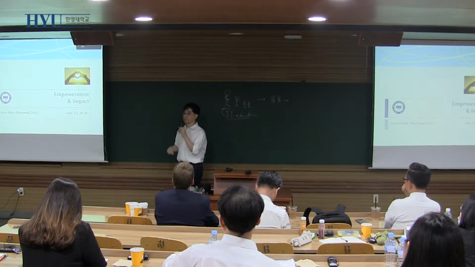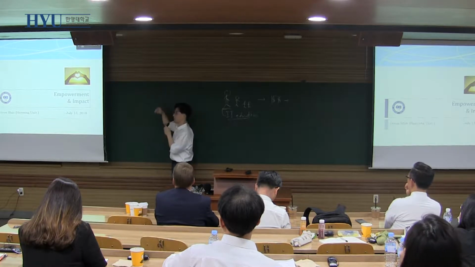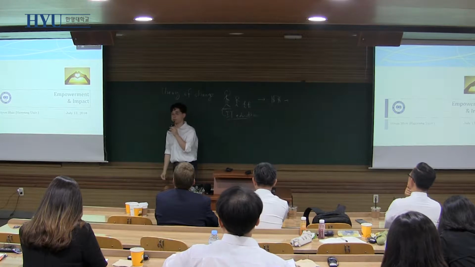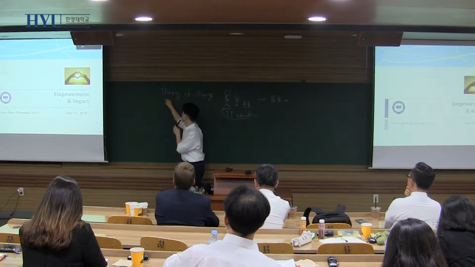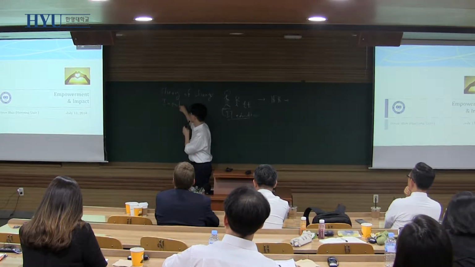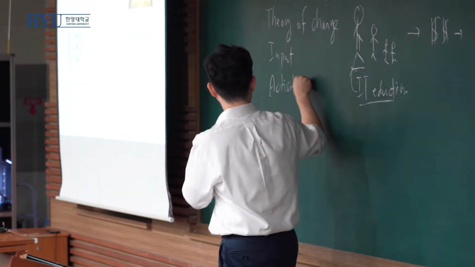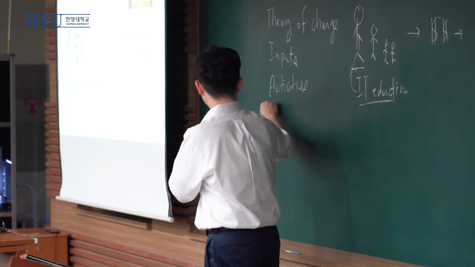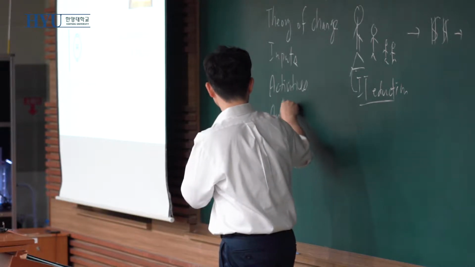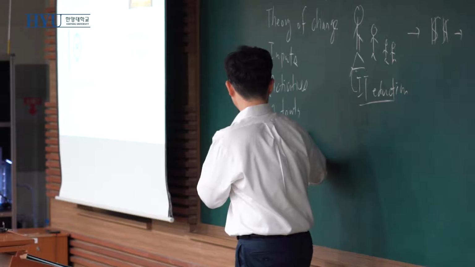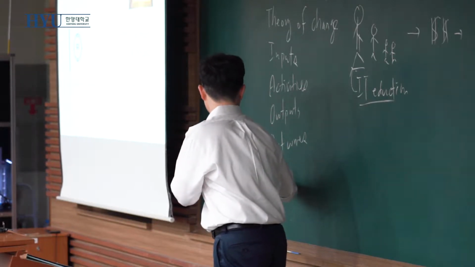When we do this kind of project, we can think about theory of change. Theory of change identifies 5 elements: input, activities, output, outcomes, and impact.